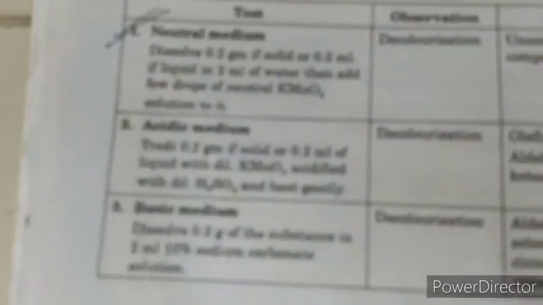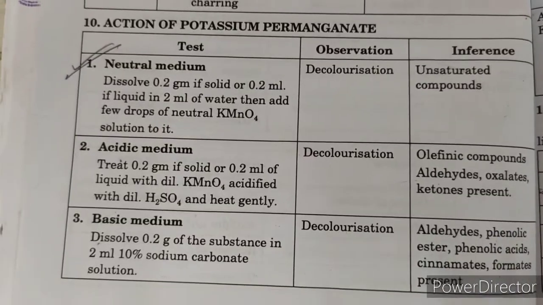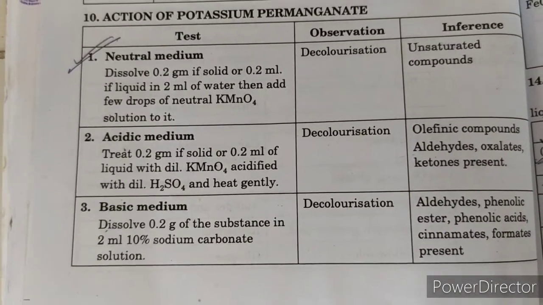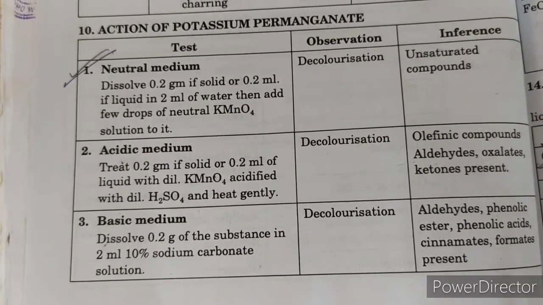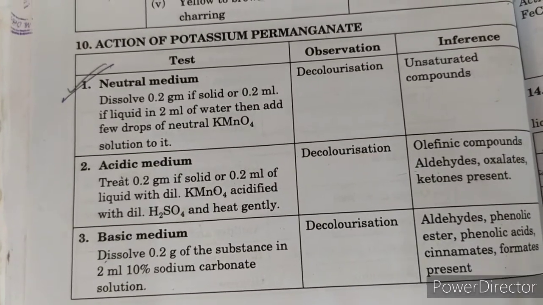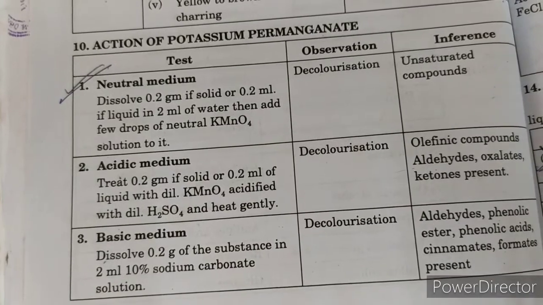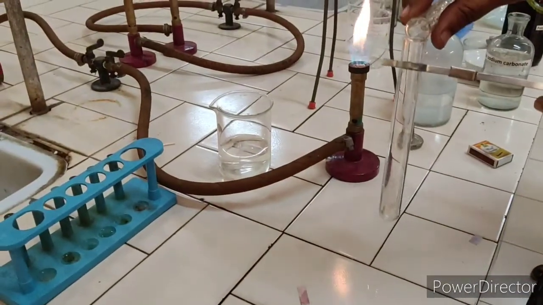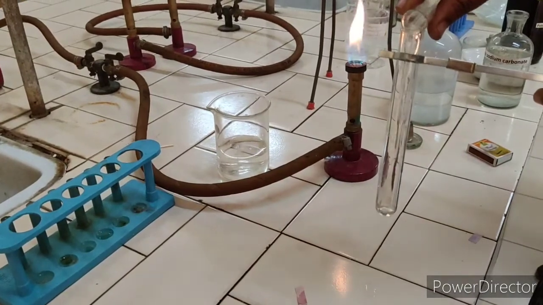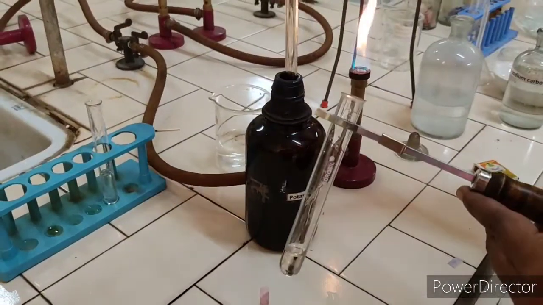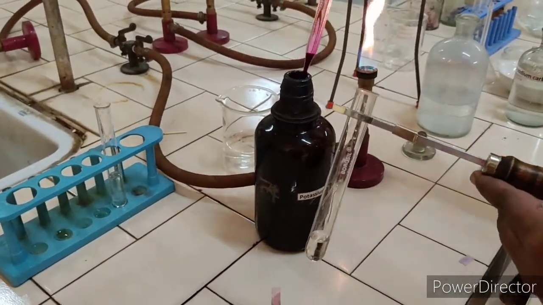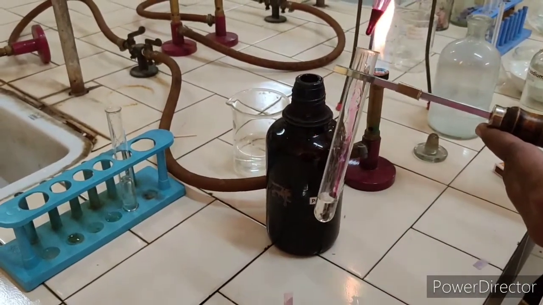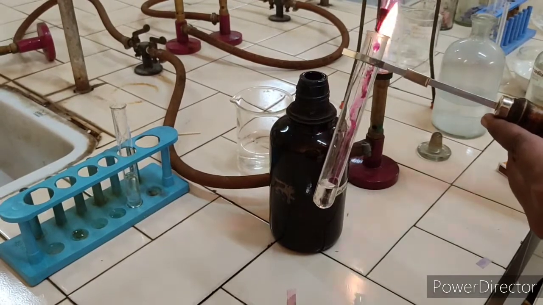This is the action of potassium permanganate. Again we take a sample, add KMnO4 solution and observe the decolorization. I have taken a few ml of sample and add a few drops of KMnO4. You can see the color of KMnO4 here, it is magenta pink.